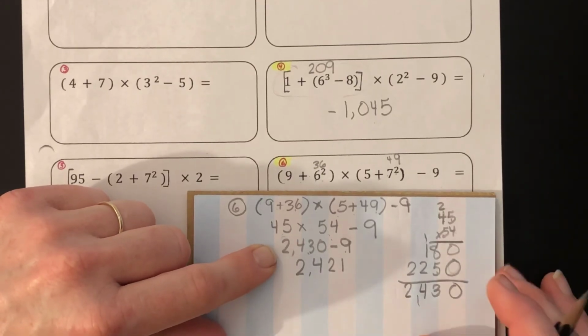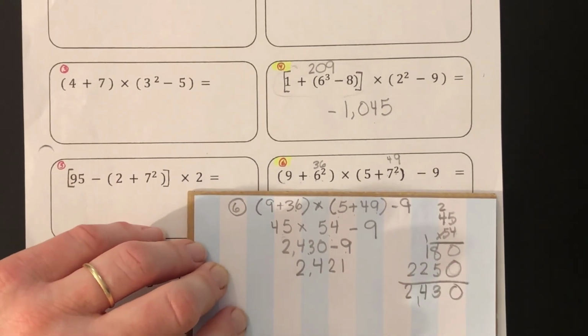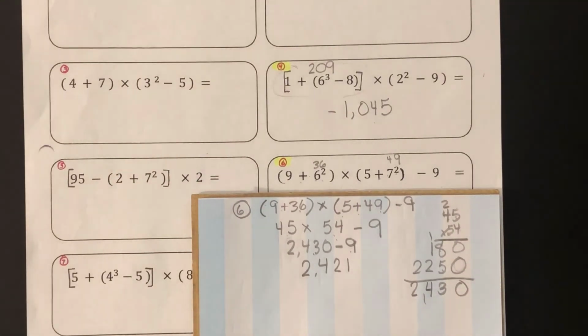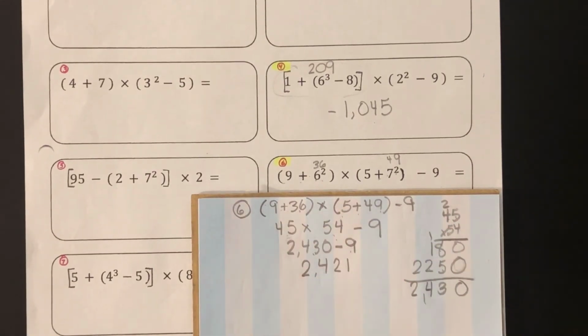The answer for number 6 is 2,421. Take a moment and make sure that your work matches mine. Since I did all of that, you don't necessarily have to do that. I want to see these steps.